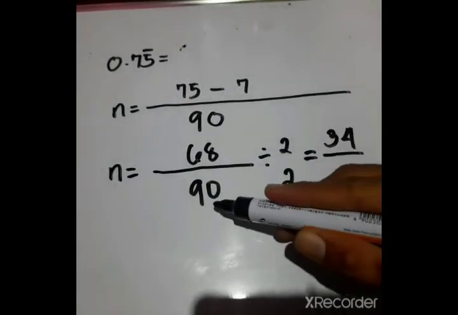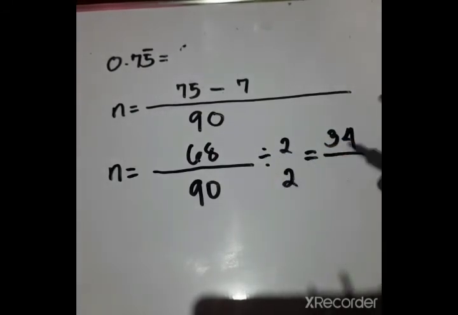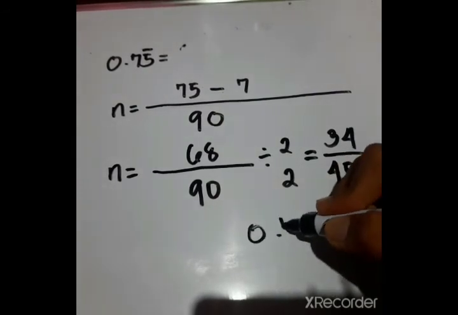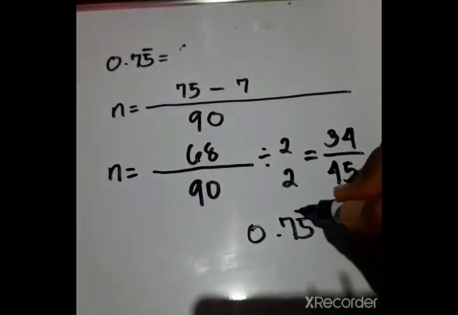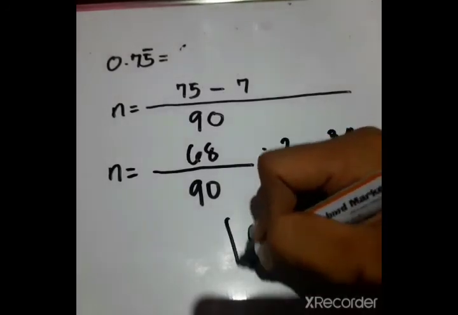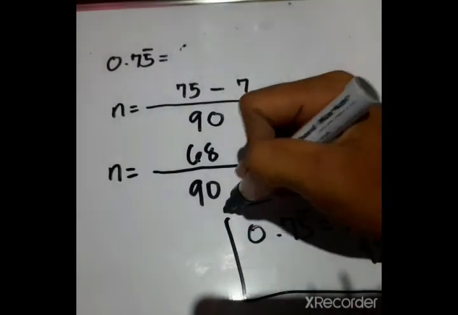Then 90 divided by 2 is equal to 45. Since this can no longer be simplified, therefore 0 and 75 hundredths with vinculum is equivalent to 34 over 45. So there you have it.